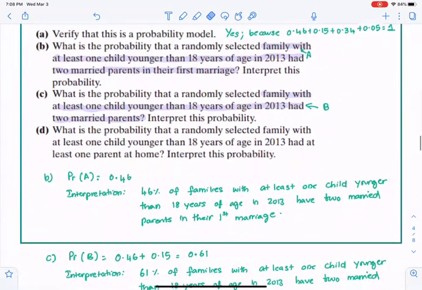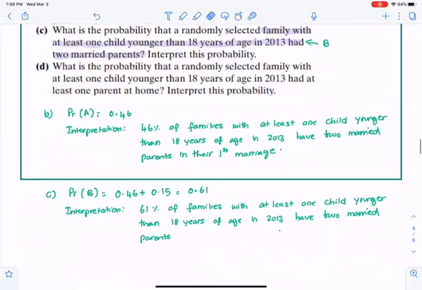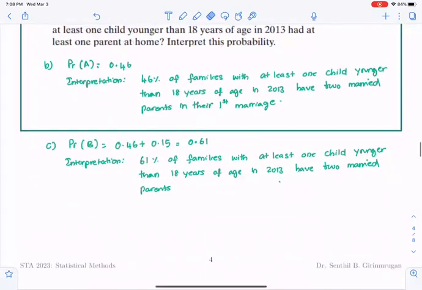So what is the probability that a randomly selected family with at least one child younger than 18 years of age had at least one parent at home? So this is one of those cases where the complementary rule plays a role.